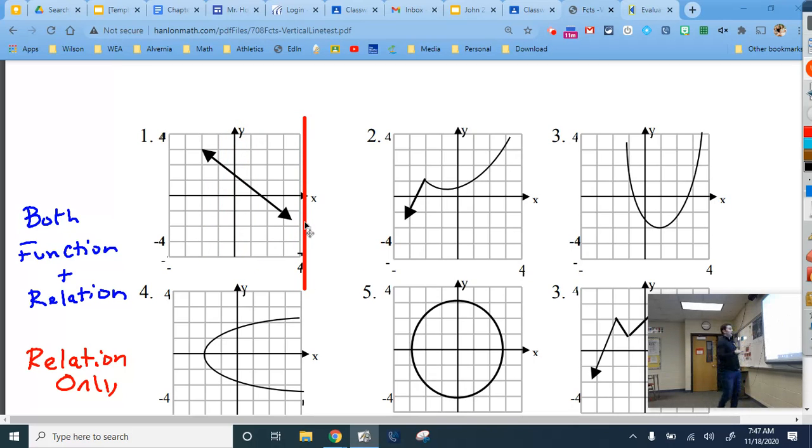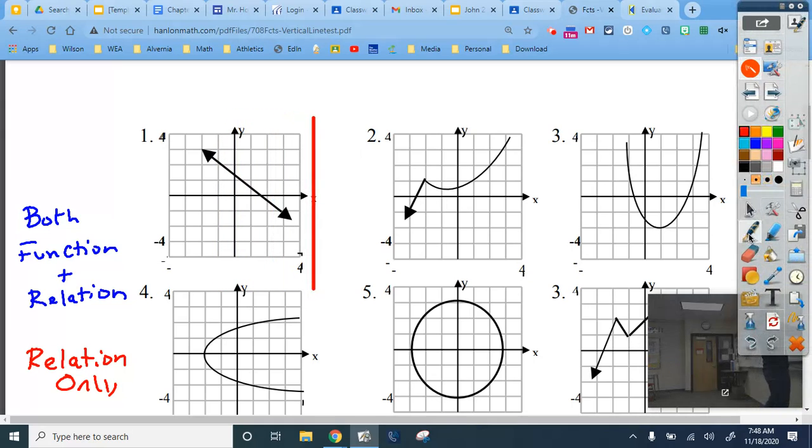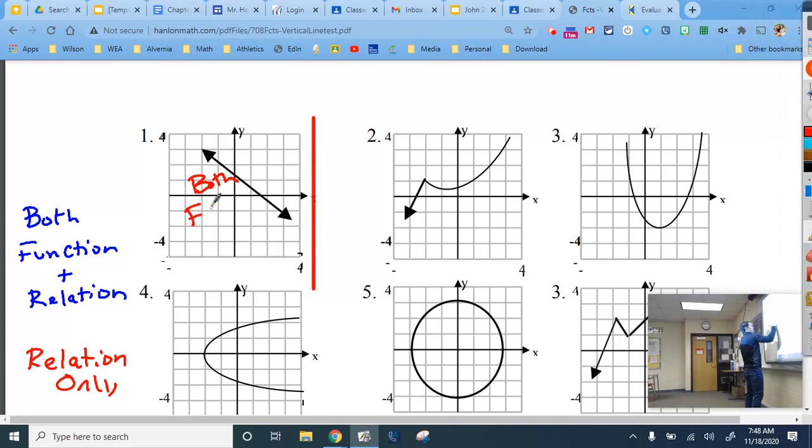Okay? So obviously it is going to intersect, but the question is how many times will it intersect? Well, on this line that I'm tracing it across, it only intersects it at one point every time I move it from left to right. What that tells me is that this would be both a function and a relation, okay?